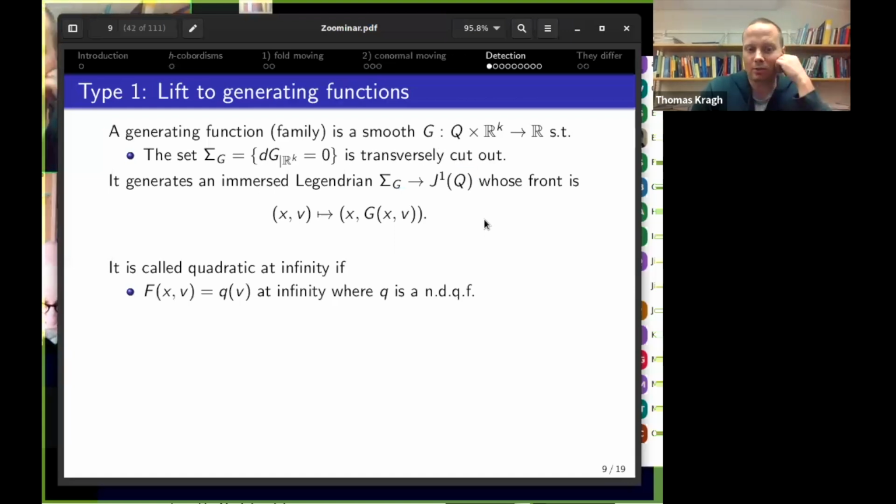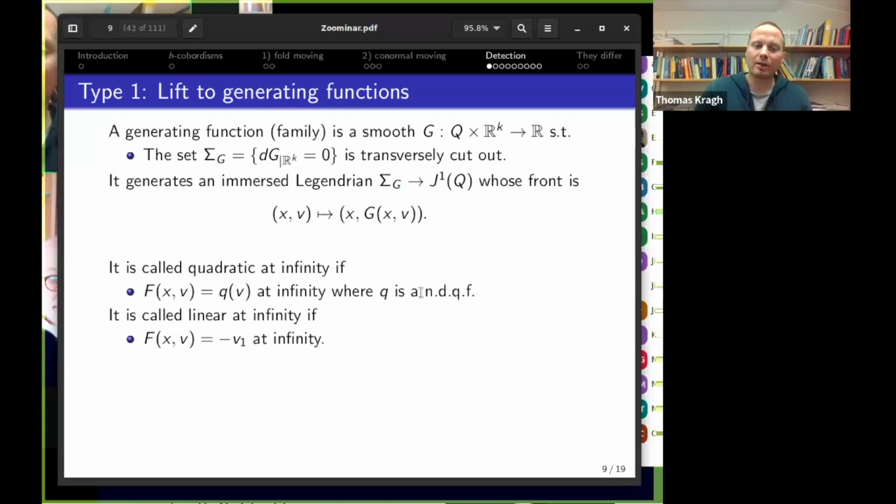So these things are called quadratic at infinity if they equal some fixed non-degenerate quadratic form at infinity on R^k. They're called linear at infinity if they equal minus v1, where v1 is the first coordinate at infinity.